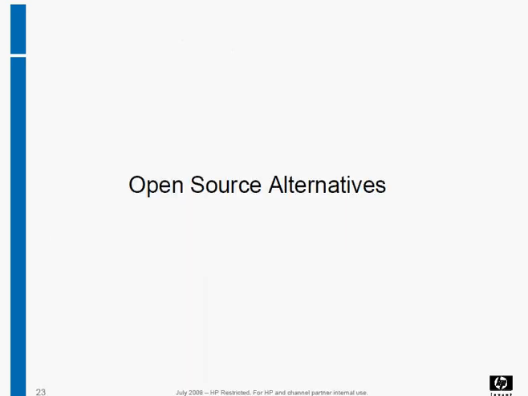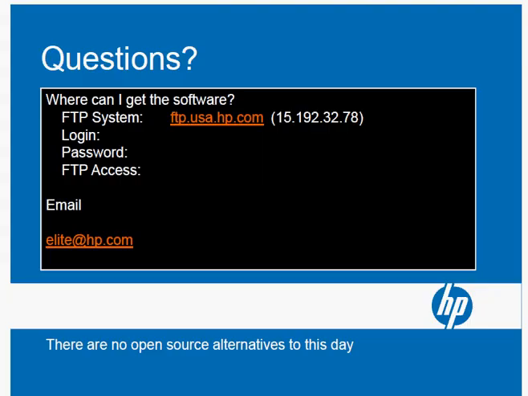Now the open source alternatives here. This is, well, a cruel joke that we always do on these presentations. The open source alternatives are going to be listed on the next slideshow, so pay attention. There it is. No, just kidding, but really, there are no open source alternatives to this day.